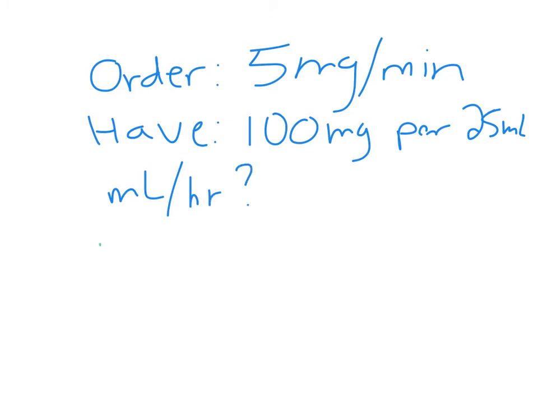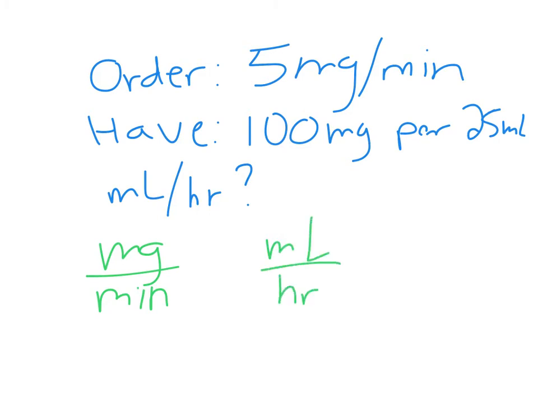Once again, think about what I just showed you. Here's what I have right now: a medication that's been ordered as so many milligrams per minute. I need to get to milliliters per hour. So think about the two things that need to be done here. I'll tell you, it doesn't matter which order you choose to do this in. I'll draw this in red.